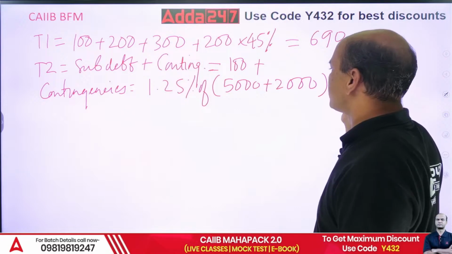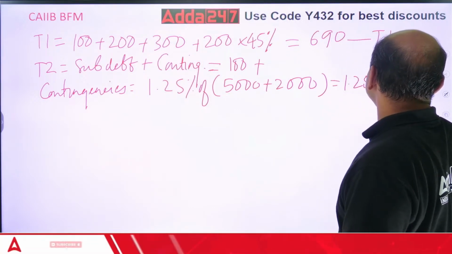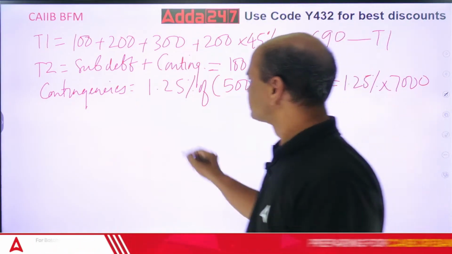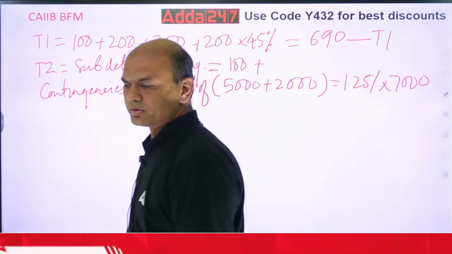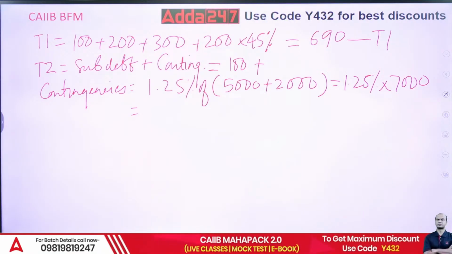So I'll write it over here. 1.25% into 7,000. Of means into. What is the answer? Do it, everyone.